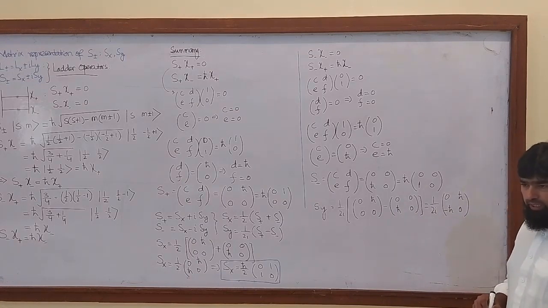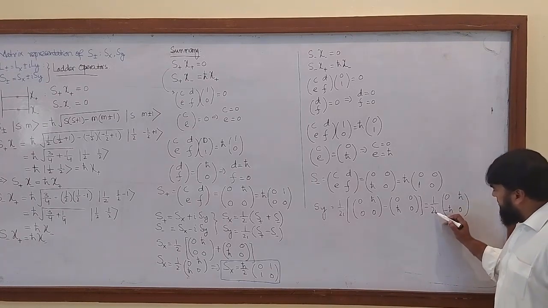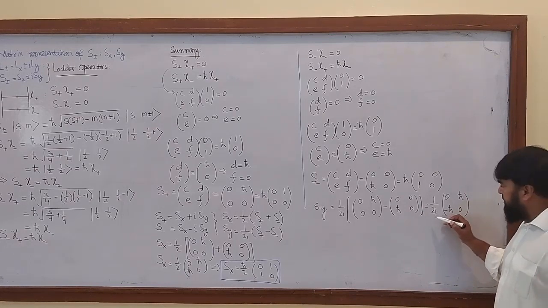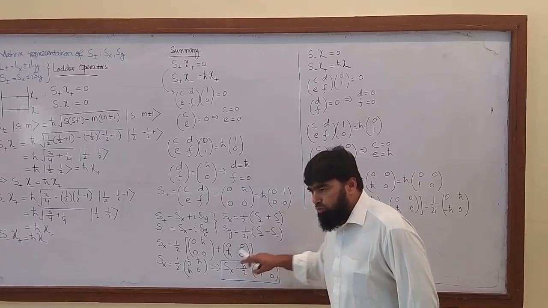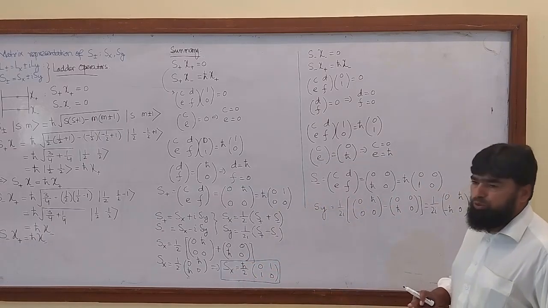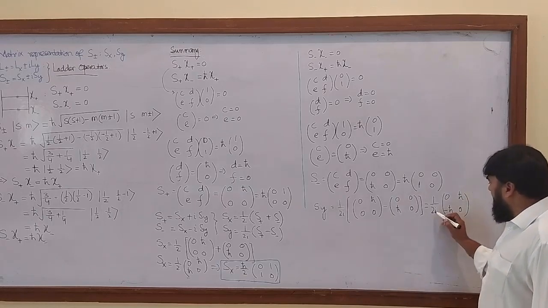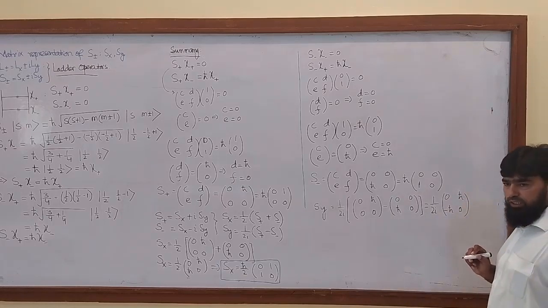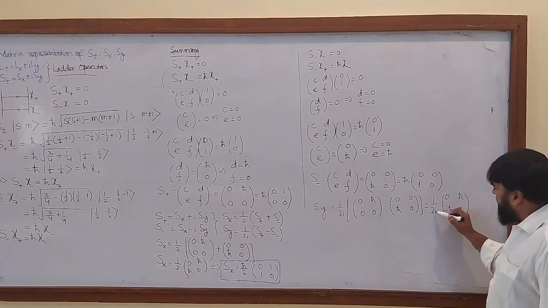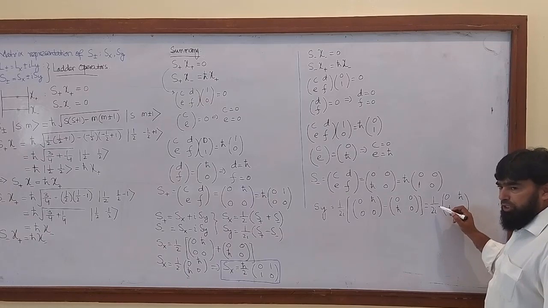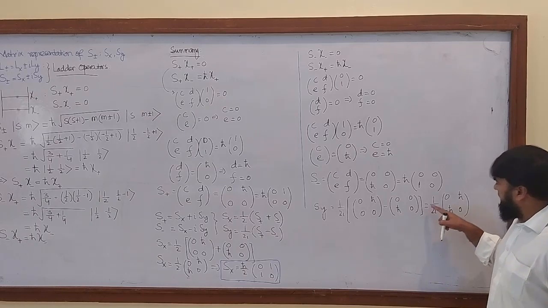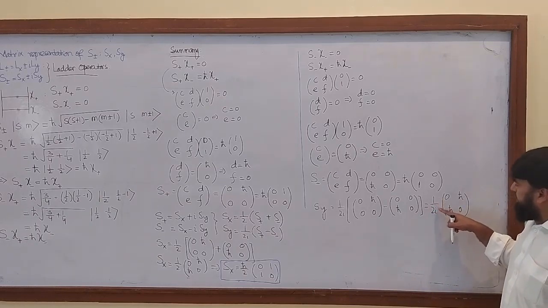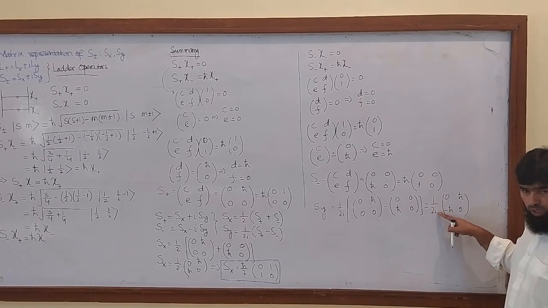Here we will do one tactic. I want to move this i, as here I have written h bar over 2. I will move h bar out and I will keep 2 outside, but I want to put it inside. So, you know that when iota goes from the denominator to the numerator, it becomes minus i. Because how? If I multiply and divide this by minus 1, no problem.